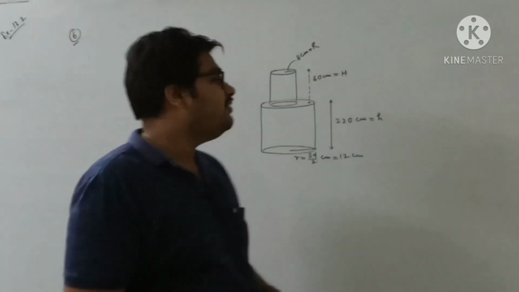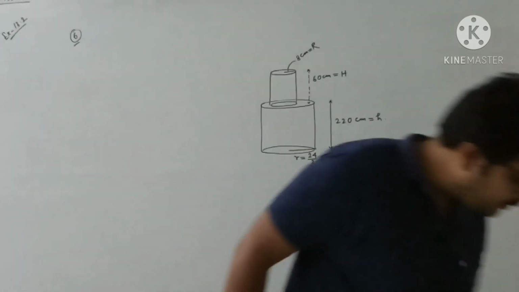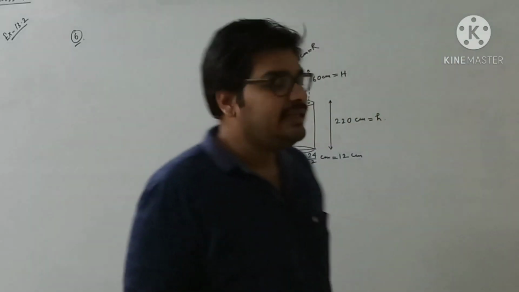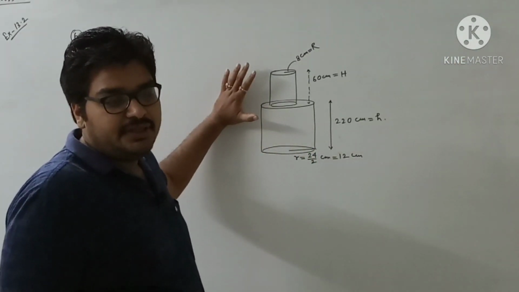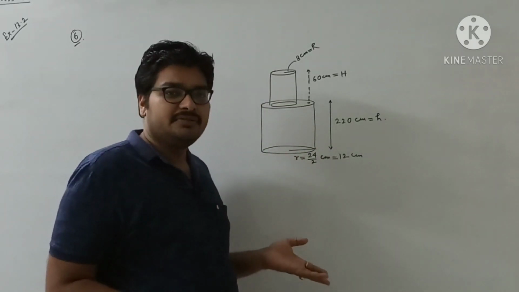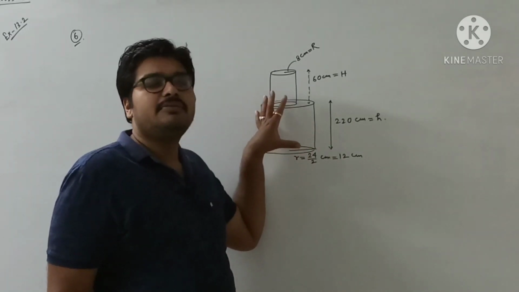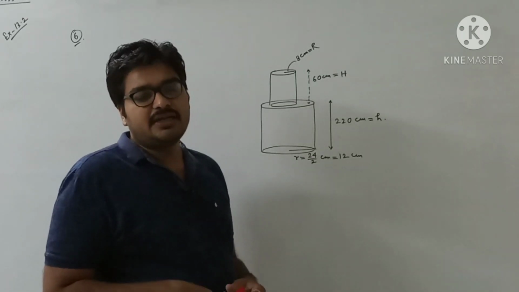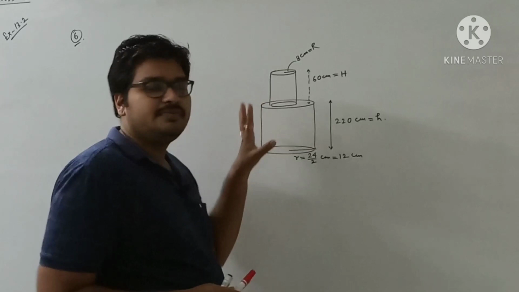So if I can find the volume of this complete iron pole, then by multiplying by the mass I can find the total mass of the pole. How many centimeter cube will come as the volume of this, and multiply 8 with that to get the mass of this pole. That's why I have to find the volume of this pole.